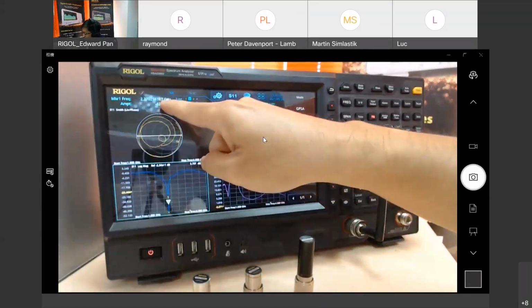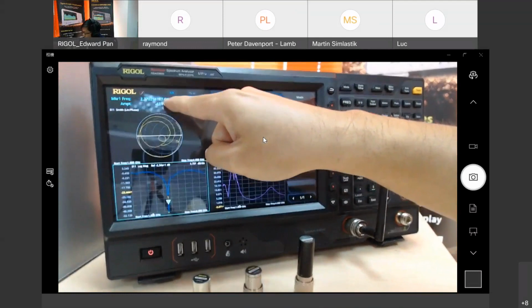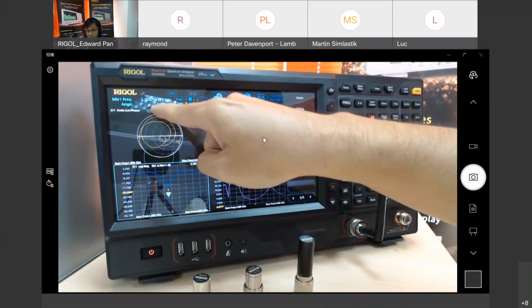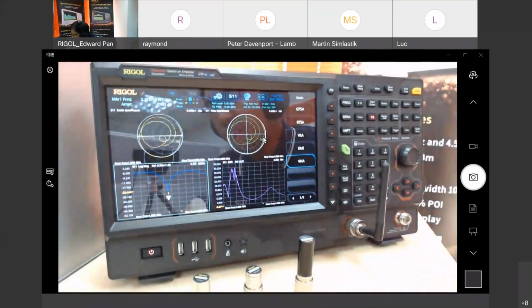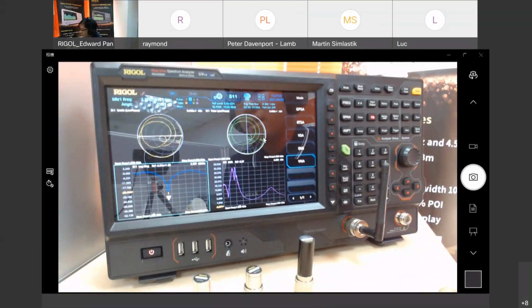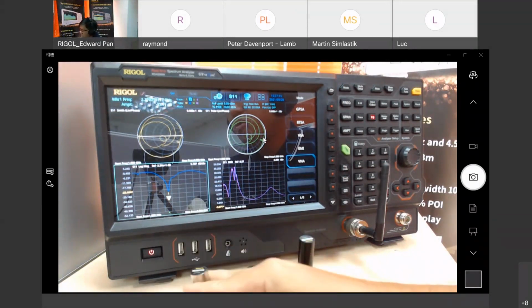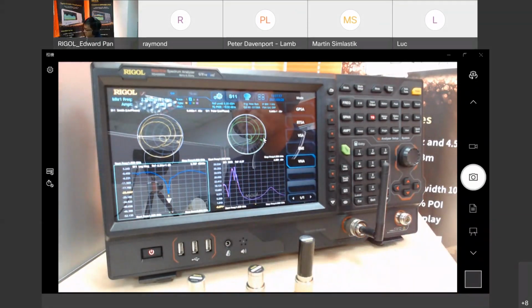You can refer to the upper left side of the screen, you can see this one, it is 2.37 gigahertz. So it is a very accurate result. That means we have very good calibration performance from the open short load calibration here.